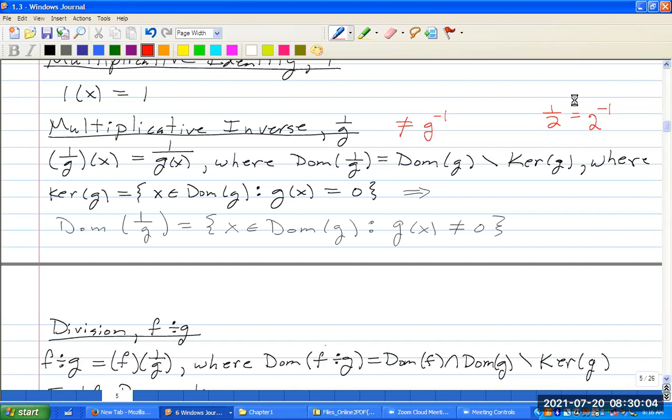It turns out that you can't notate a multiplicative inverse with this superscript. That's because there is another inverse, but that involves composition. This would be called the inverse function. That's the notation. Okay, so that's just sort of a note.